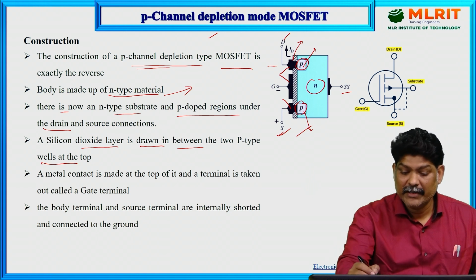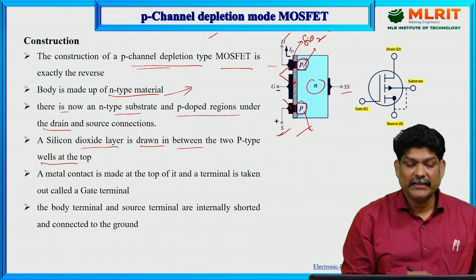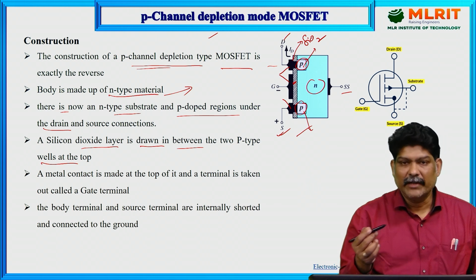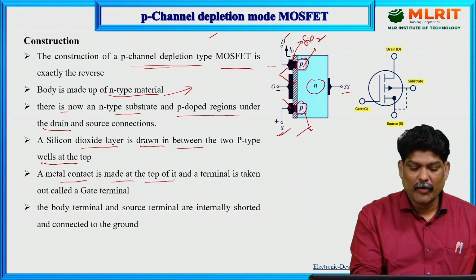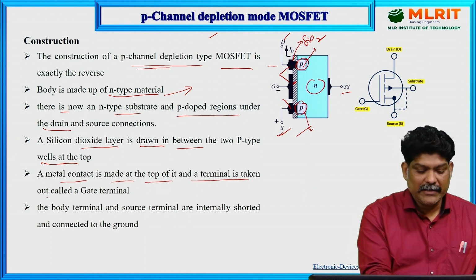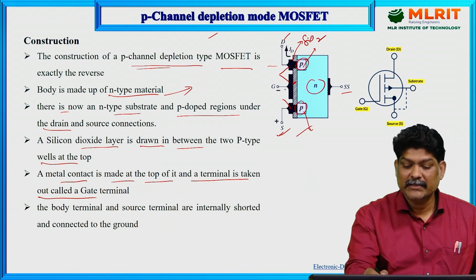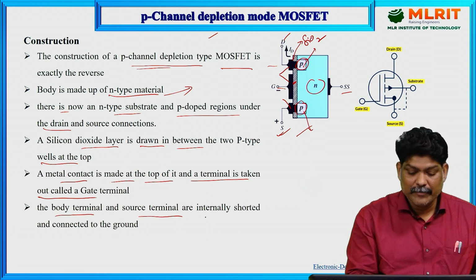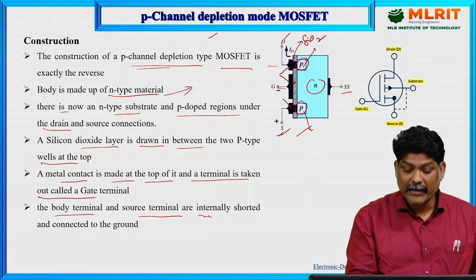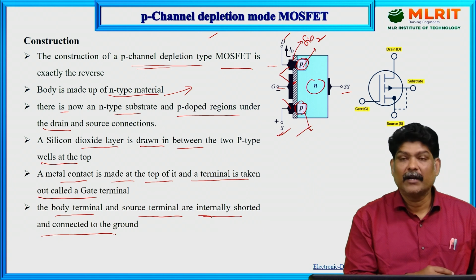This layer is the silicon dioxide layer, and it acts as an insulator. A metal contact is made at the top of it, and that terminal is the gate terminal. The body terminal and source terminal are internally shorted and connected to ground.